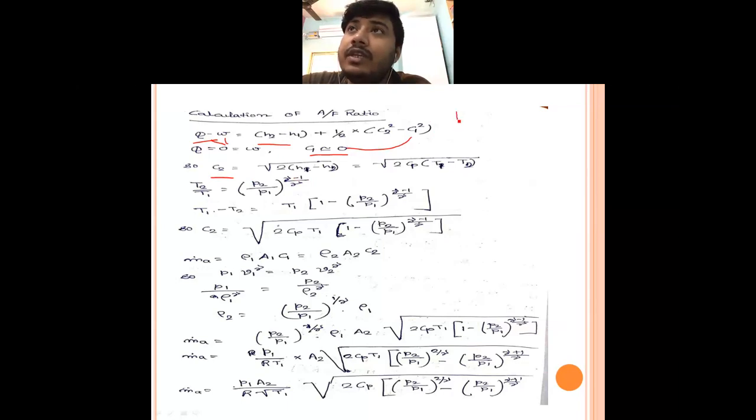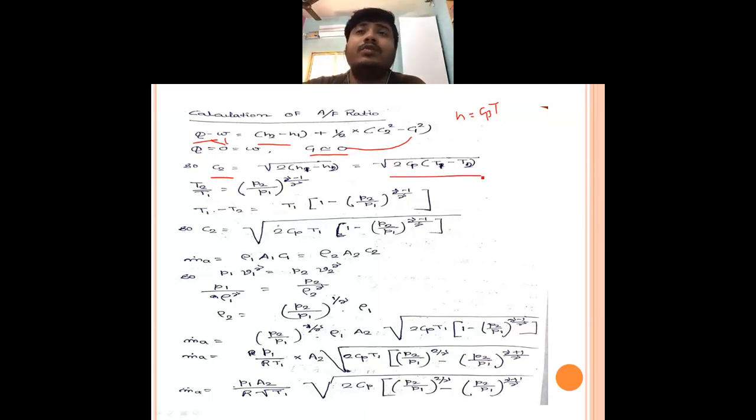Again, we know H is equal to Cp into T. So H1 will be Cp T1 and H2 will be Cp T2. If we take the common Cp, the heat capacity at constant pressure, it will come to Cp into T1 minus T2.